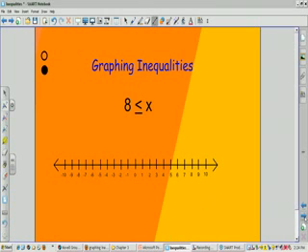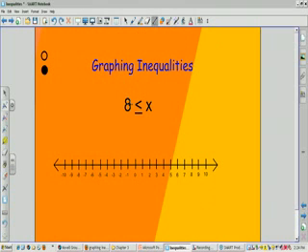So there's one last situation. What happens when the variable is on the right-hand side, as it well might be? That really makes it different, because when we're reading, we really read from the letter side to the number side. So if we read that, it's really saying x is greater than or equal to 8.